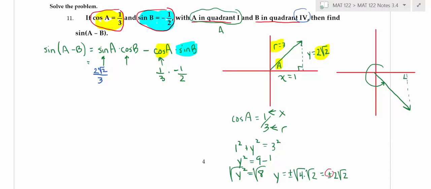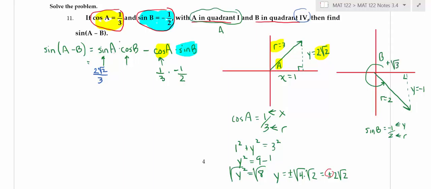Again, you were given the sine of B, which is negative 1/2. The sine's definition is y over r, so r is 2, y is negative 1, and this is a 30-60 right triangle. So the x value has to be square root of 3. If you don't know that, you go to the Pythagorean Theorem.